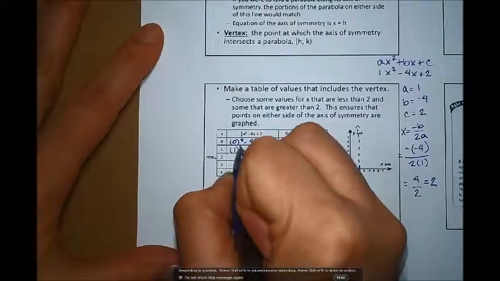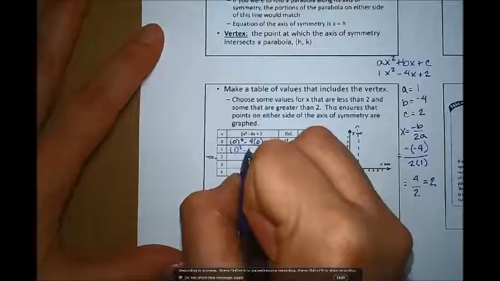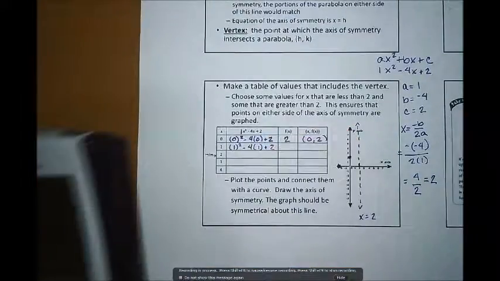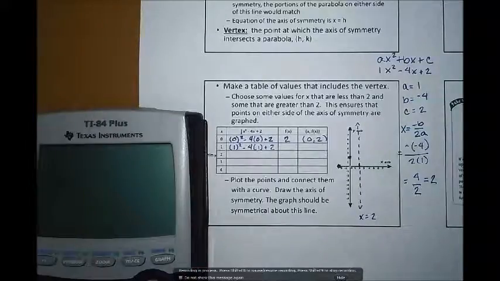Then we do the same thing right down the line. 1 squared minus 4 times 1 plus 2. And this you can stick right in your handy dandy calculator. Oops, let me turn that on. 1 squared minus 4 times 1 plus 2 gives us negative 1.